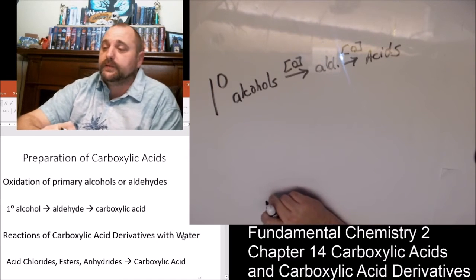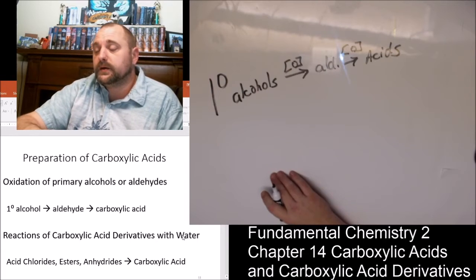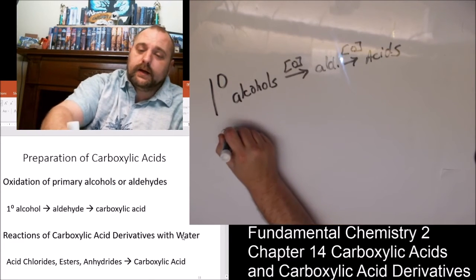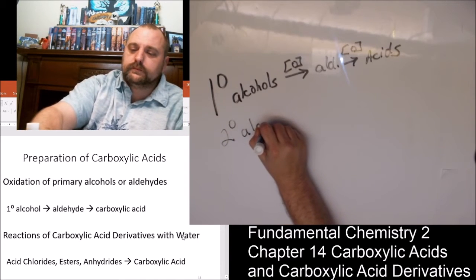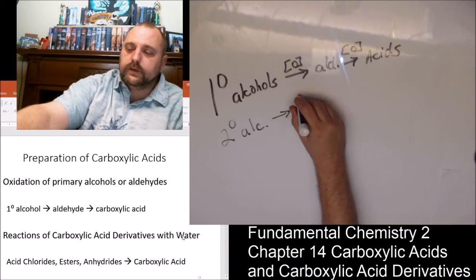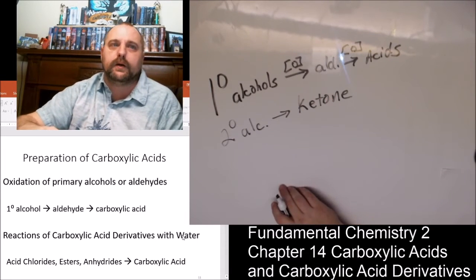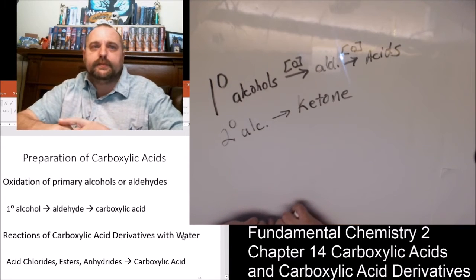And it's actually quite tough to get them to stop at the aldehydes. So the conditions that oxidize them, we usually go straight all the way to the acid. And then secondary alcohols, they will go to ketones. Tertiary alcohols do not react. All right. So that's our first way of making carboxylic acids.